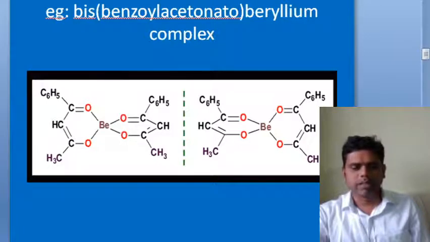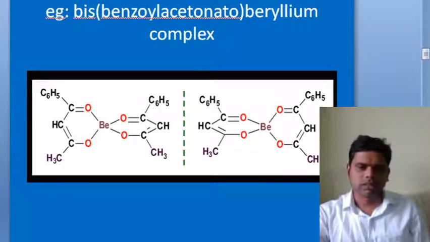So your bis benzoyl acetonato beryllium complex exhibits optical isomerism, because it is a disymmetric molecule. This is a disymmetric molecule, so it results in optical isomerism.